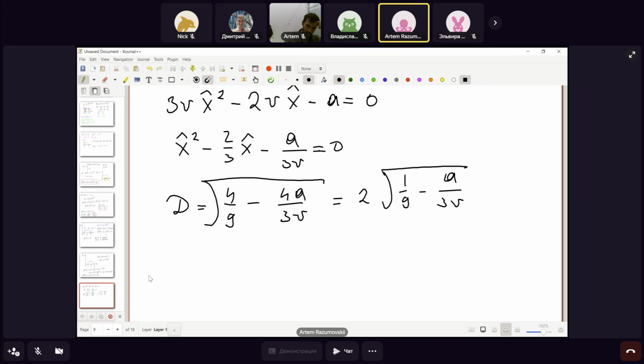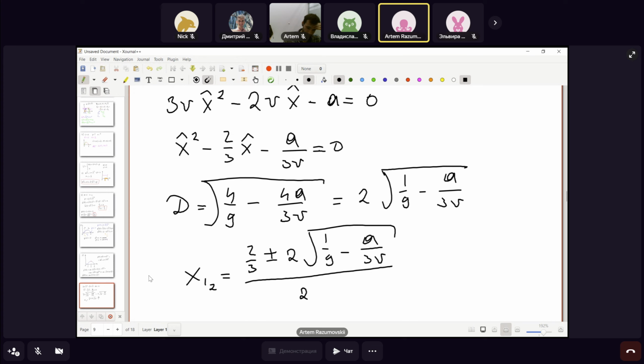Yes, and then for existence of the solution, and x will be 2/3 plus minus. Well, then let me take 1/3 as well.